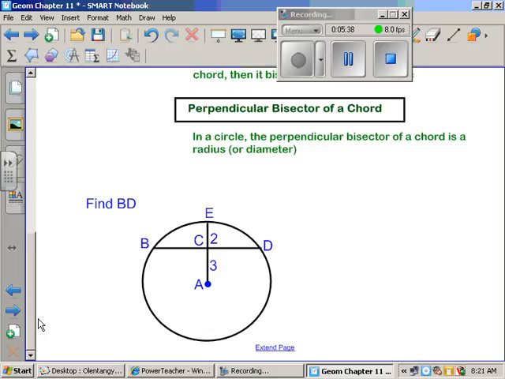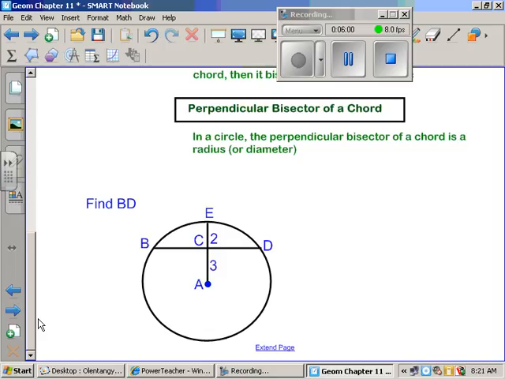All right. So if I want to know the length of BD, how would I go about doing that, you think? Is 2 and 3, like 5, the whole radius? Right. Radius length is 5.